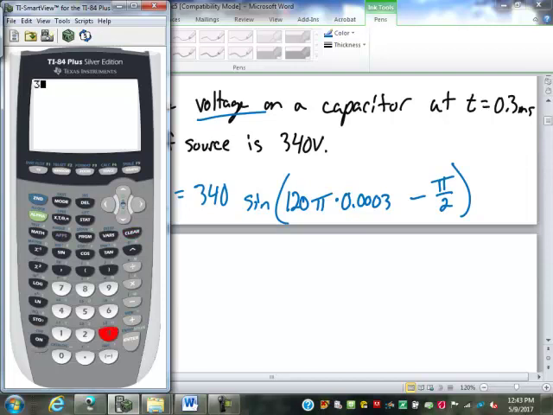So then we're going to just type in 340 times sine of 120 times pi times 0.0003 minus pi divided by 2. And we get negative 337.83.